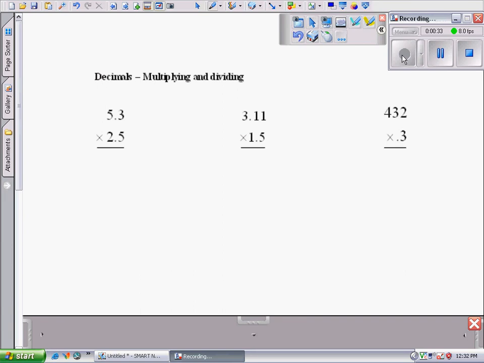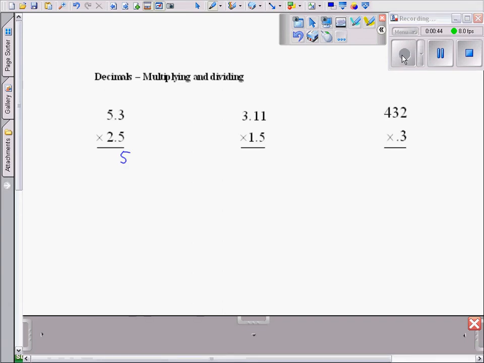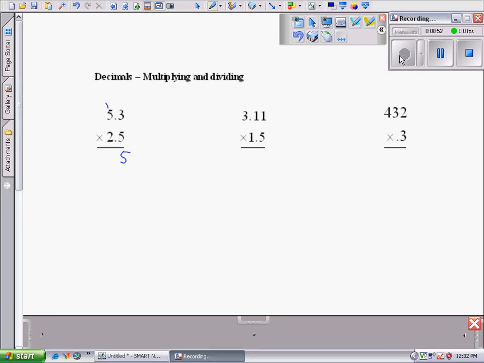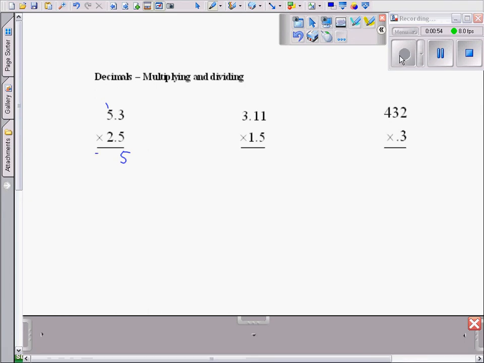The first problem, we have 5.3 times 2.5. Let's multiply. 5 times 3 is 15. Carry the 1. 5 times 5 is 25, when adding 1 to it, 26. 2 times 3 is 6 and is aligned underneath this position. 2 times 5 is 10.